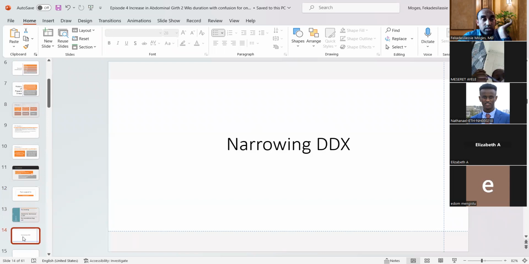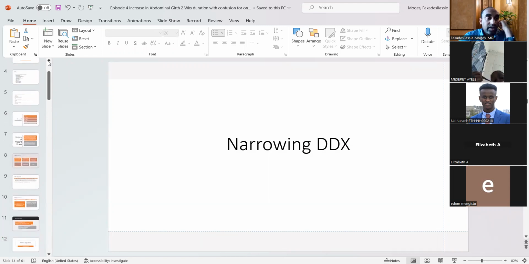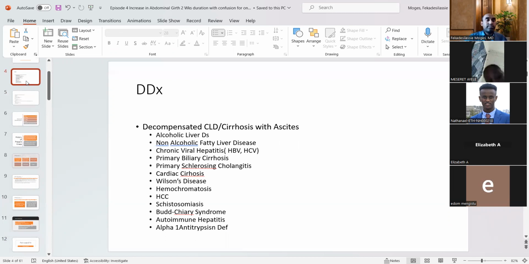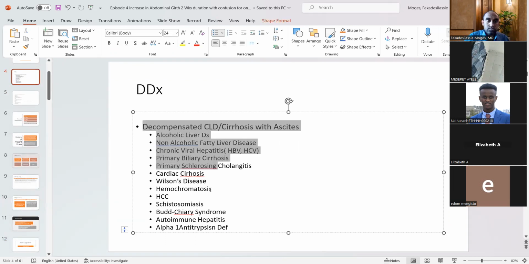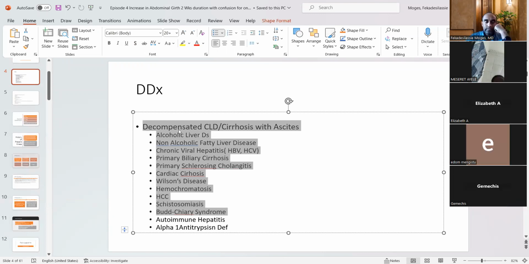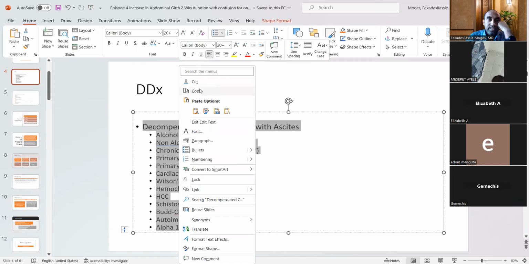And then now it's time for narrowing our differential diagnosis, okay? So we will narrow our diagnosis based on the history we got. So do you guys still have questions? Do you guys have questions?